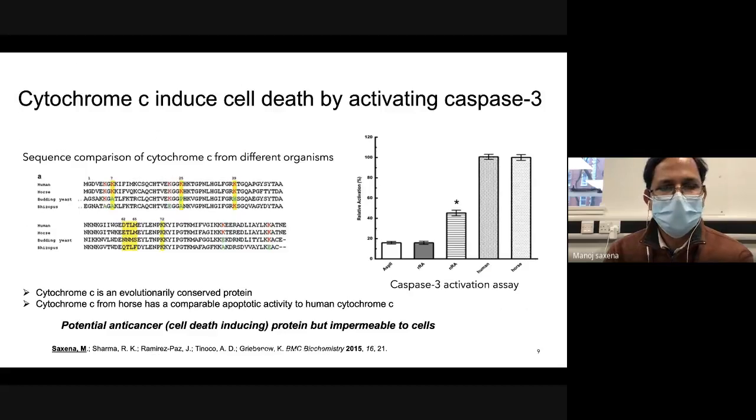So as I said, cytochrome C can induce cell death, and this action happens by activation of certain enzymes called caspases.